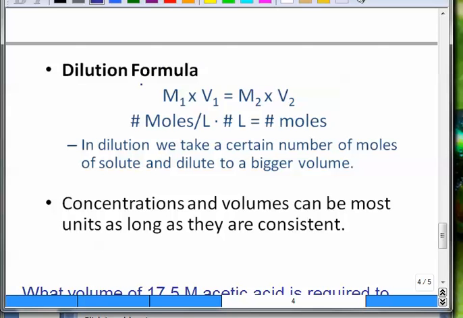And so we use this dilution equation, which is M1 V1 equals M2 V2. That is the molarity of my initial solution times the volume of that initial solution is equal to the molarity of my resulting diluted solution times the volume of that diluted solution. So V2 is bigger than V1, and therefore M2 must be less than M1.